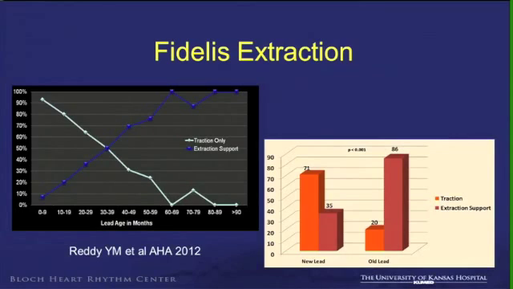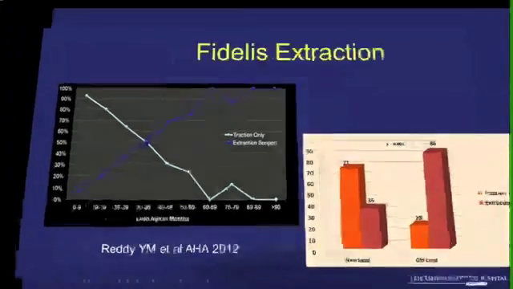This is our own experience here, showing that as the lead ages, there is increasing complexity of the lead extraction, in the sense that they need more laser extractions. Probably after about 50 months or so, every lead needed a laser extraction.